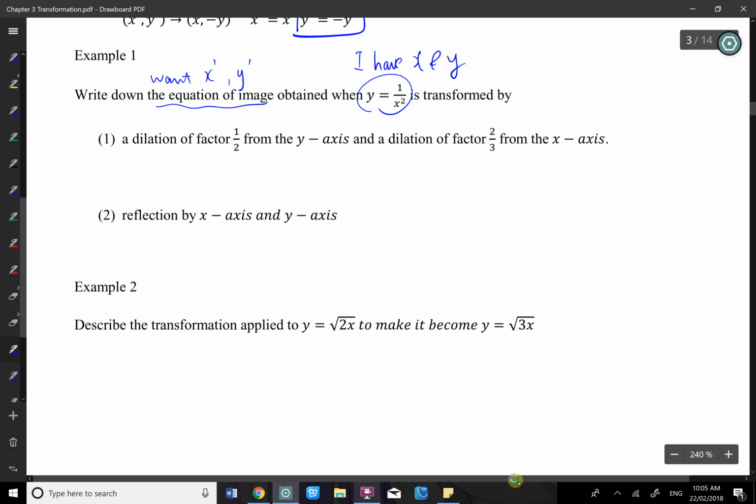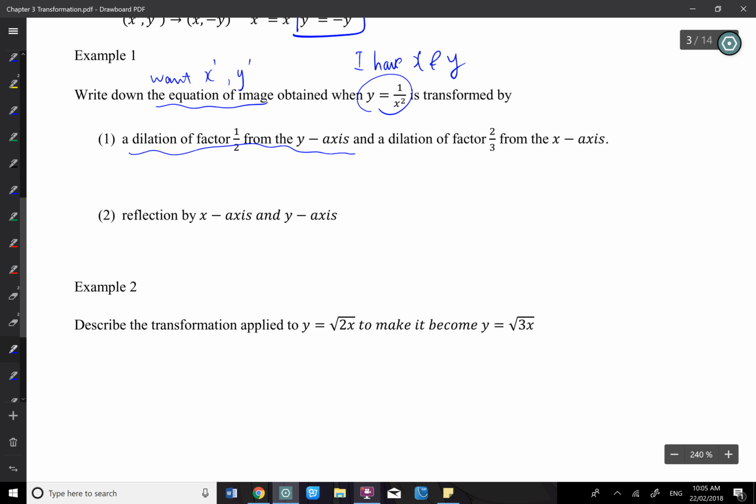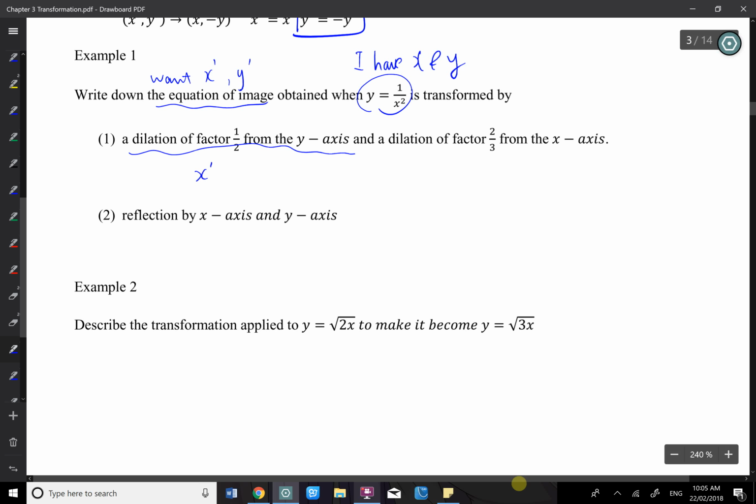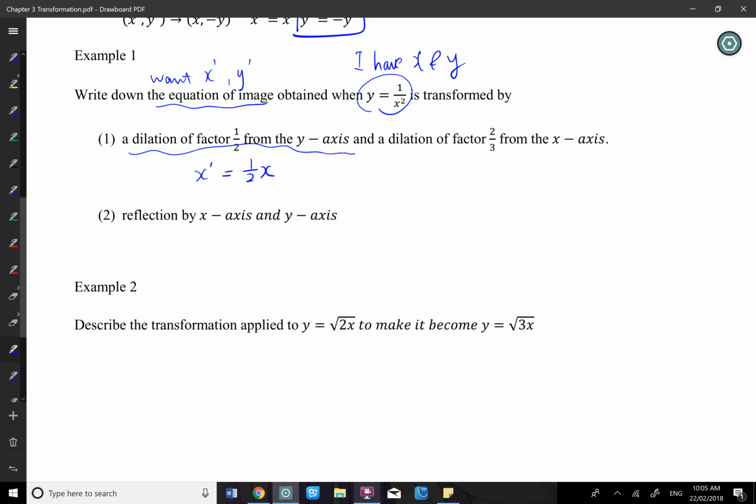Transformed by a dilation of factor half from the y-axis. What equation can you write? Everyone, what can you write? x dash equals half x. Thank you. It's changing the x value. From the y-axis is changing the x value.